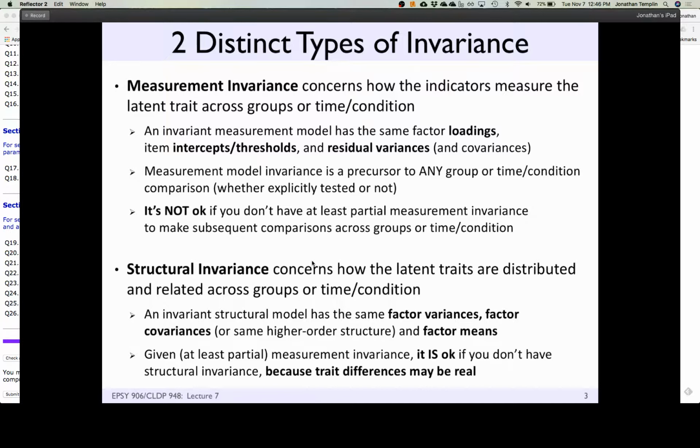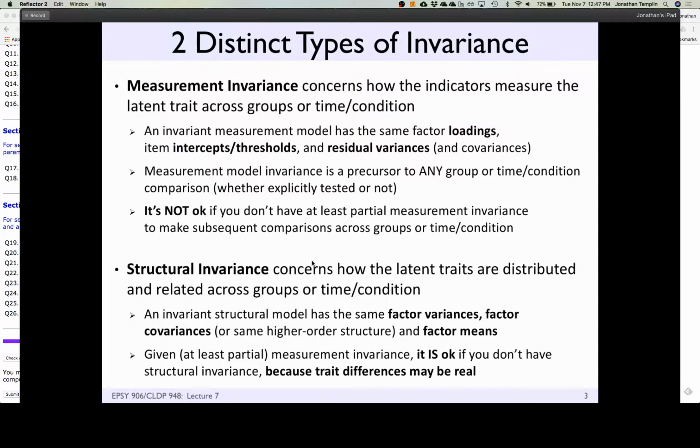What you need to do then is to test for measurement invariance first before you do your factor comparison. Because if measurement invariance doesn't hold, let's imagine I found a difference between students and non-students on my factor.